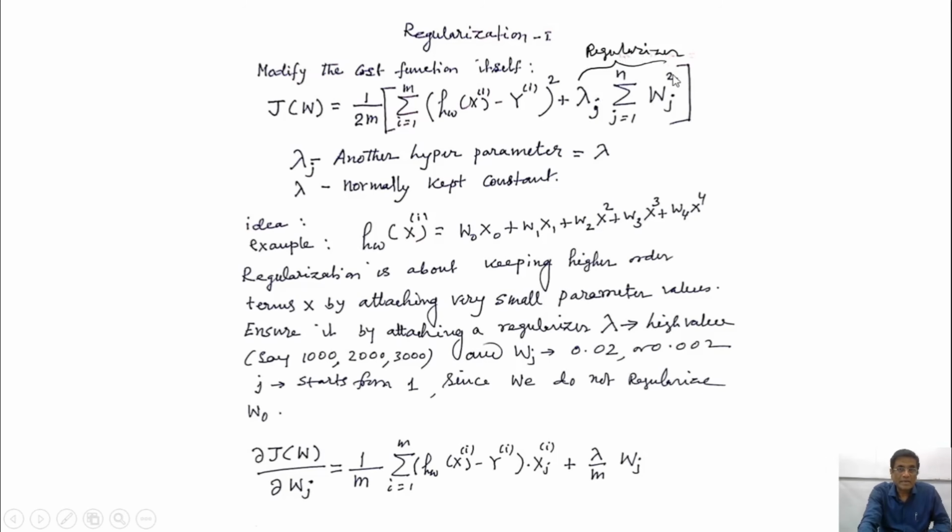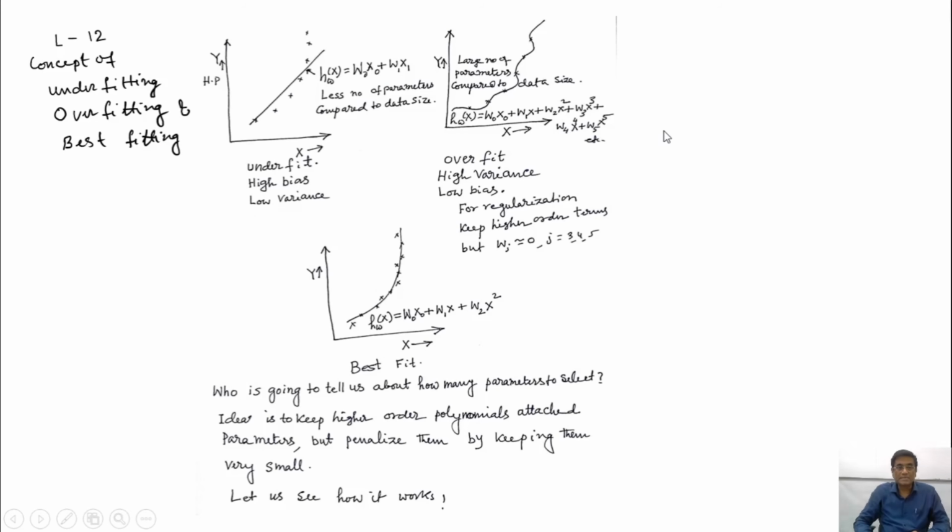And why have we squared it? You all know that we have squared it because we need to take the derivative of the cost function, and the cost function is squared. So that's why we have made wj squared, attaching a regularization hyperparameter lambda. So that is the basis of regularization.